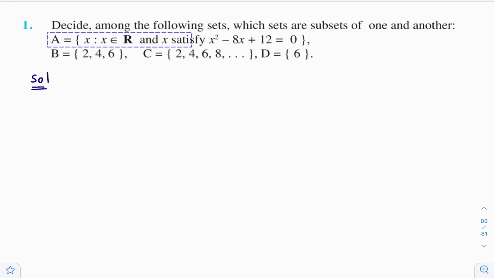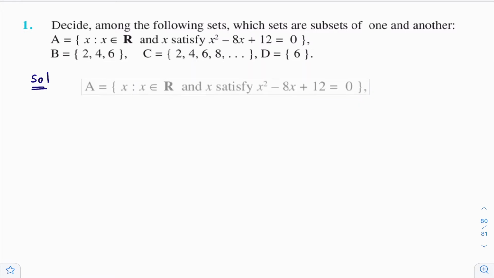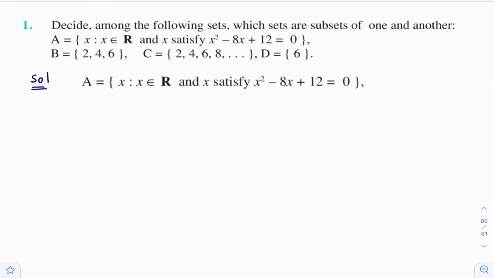What is set A? They have given it like this: set A is {x such that x is a real number and satisfying this equation}. What is the equation they have given? x squared minus 8x plus 12 equal to 0. I'll split the middle term.